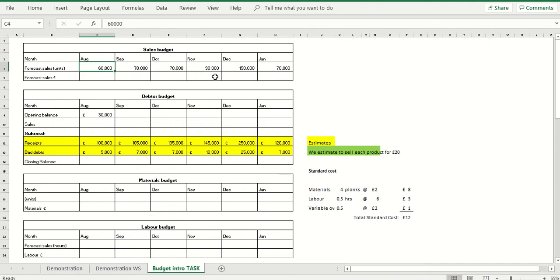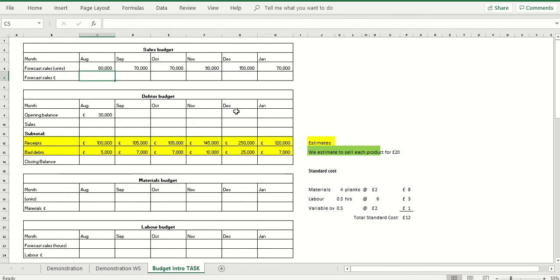Let's create the budgets. Firstly, let's have a look at the sales budget. The first item to create is the forecast sales in pounds. We know that we're going to sell each product for £20, it says so down here. And we know that in August we expect to sell 60,000 units.